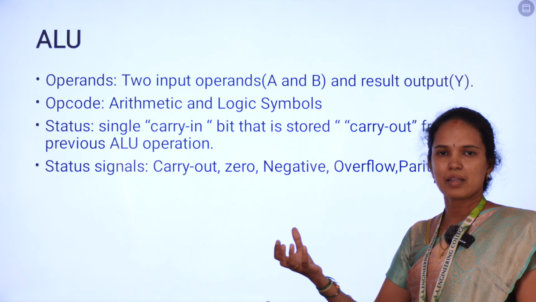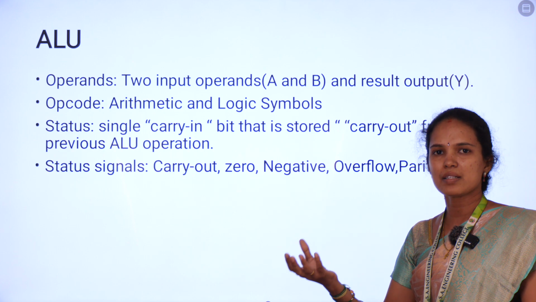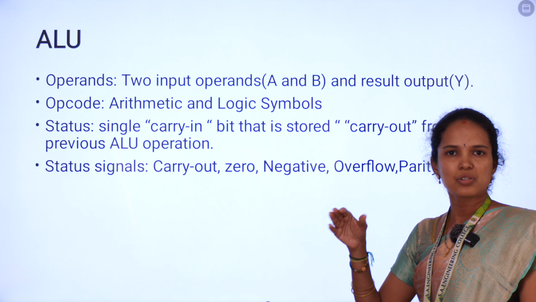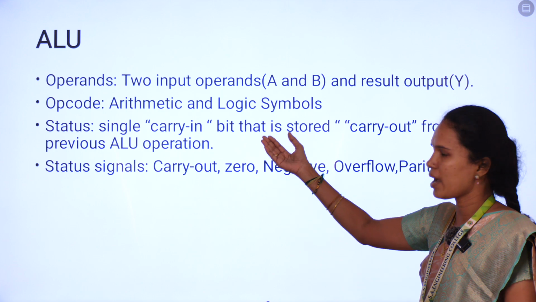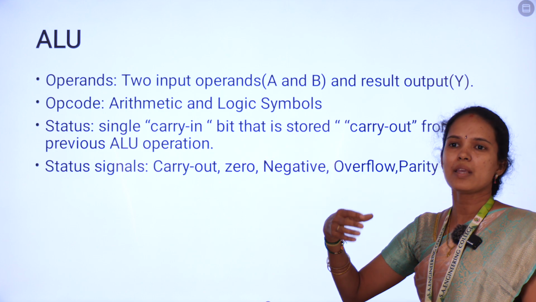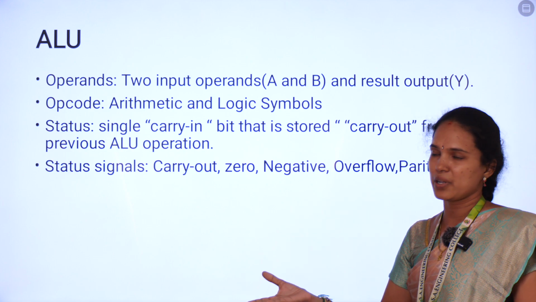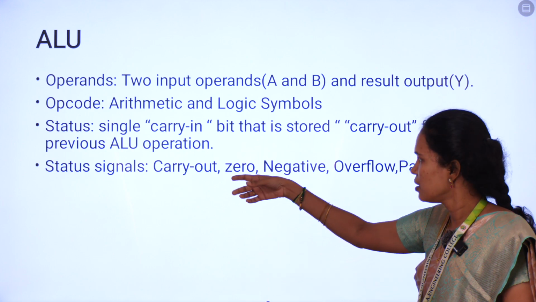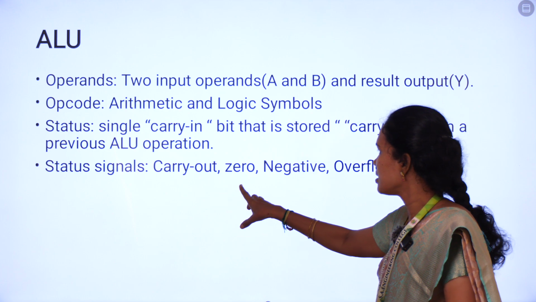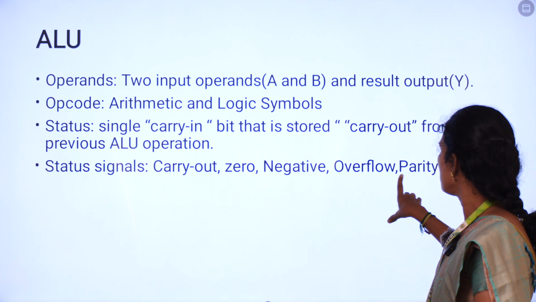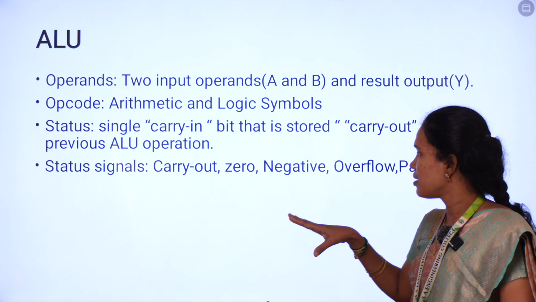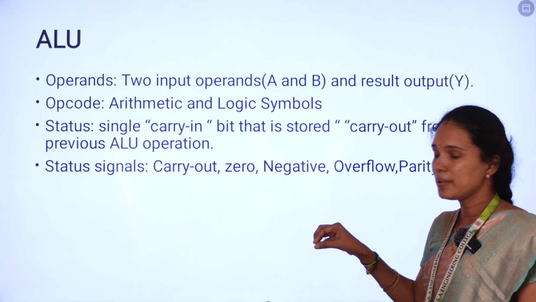Any carry, if you are adding, you will get some result. Temporarily you want to store that result somewhere, that is carry out. That result will be an input to another operation, that is a carry in. And status signals are carry out, zero, negative, overflow, parity. So there are 5 status signals.